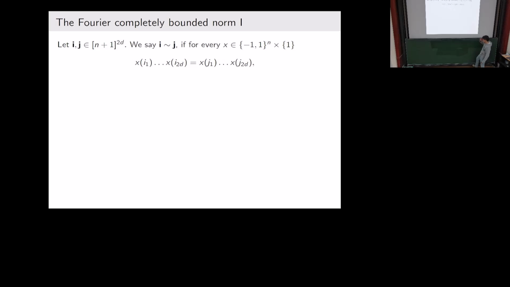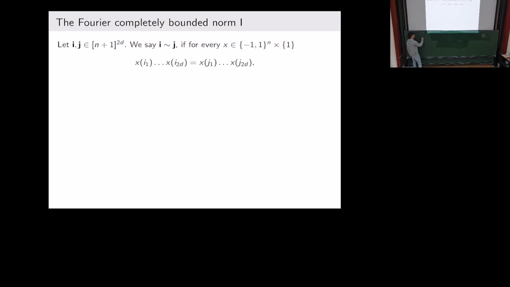So, okay, maybe this is not very clear and it's a bit of a technical definition. So I'm going to give an example. Let's say that we have m equals 7 and d equals 2.